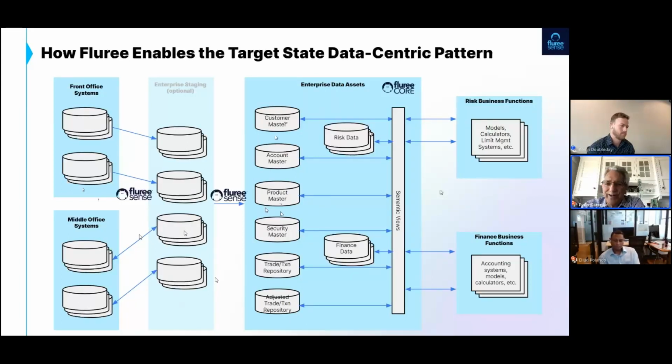The final point I wanted to make, and apologize, Eliud and Kevin, is the auditability that's associated with it. Because of the technology under Fluree core, there's that trade database, that repository, and somebody can modify that trade repository. Well, Fluree core keeps every single copy of the historicals, and it knows exactly who did what to what.